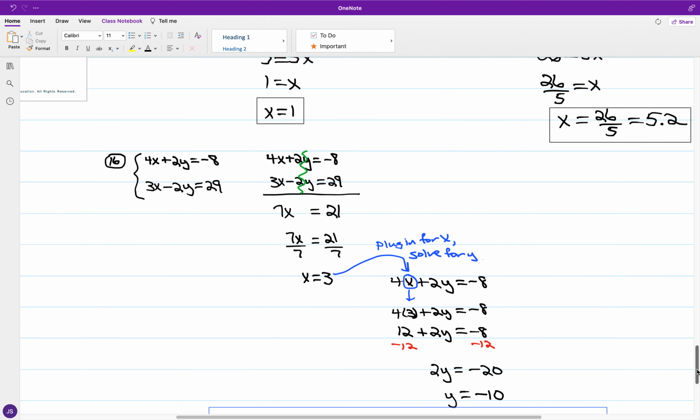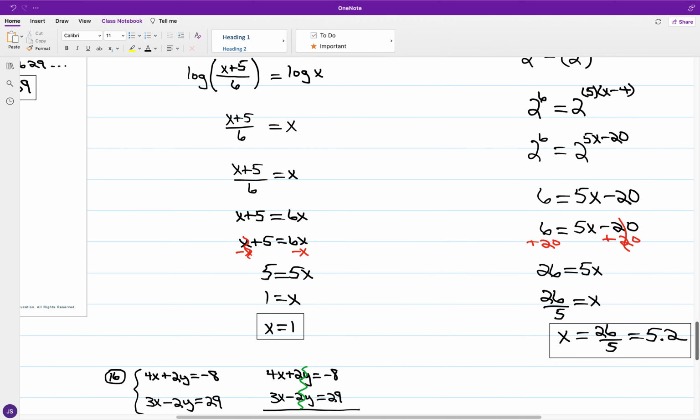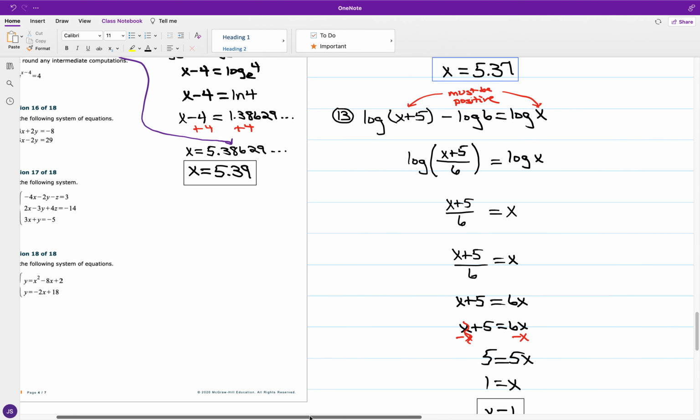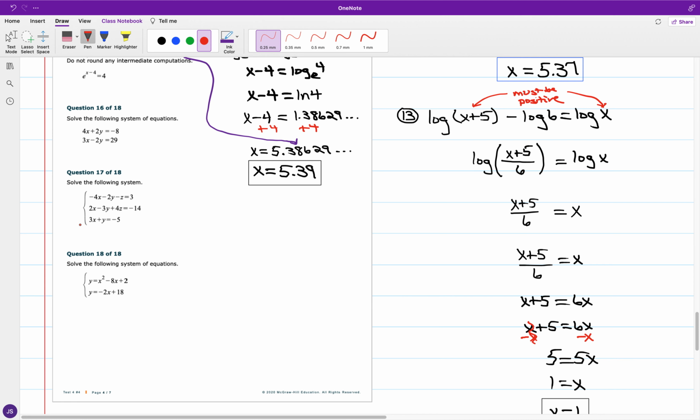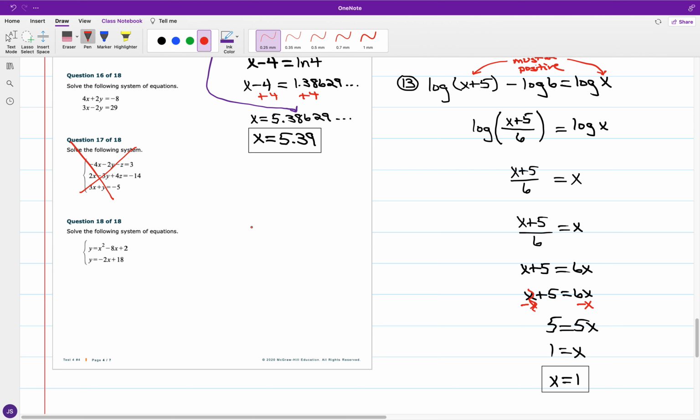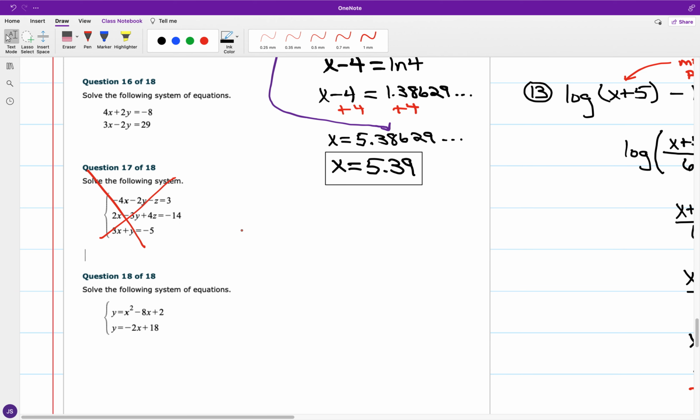Then we have number 18. Now I just mentioned, number 17, that problem is from a different section. It's section 8.2. We won't be dealing with this. But for 18, there is a blend of linear and nonlinear equations.